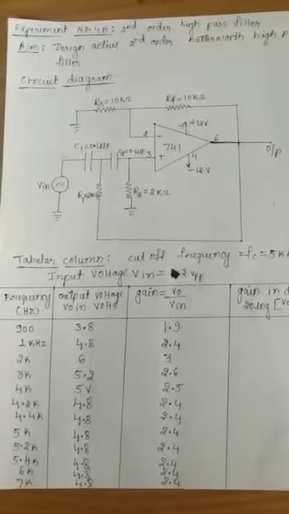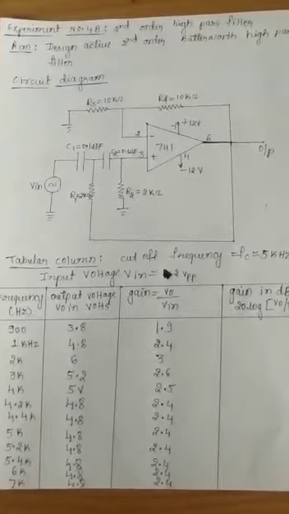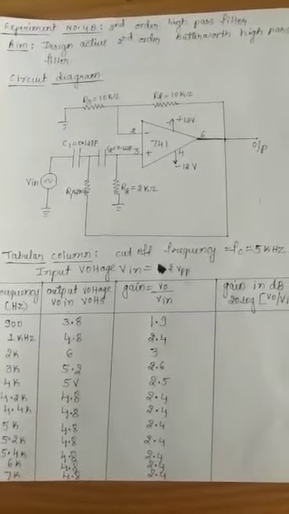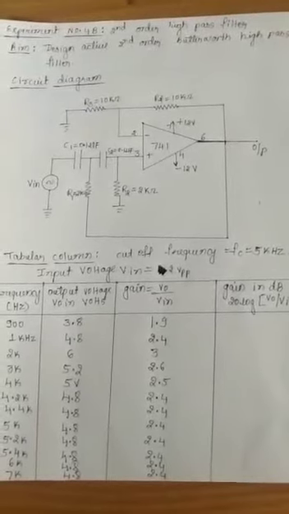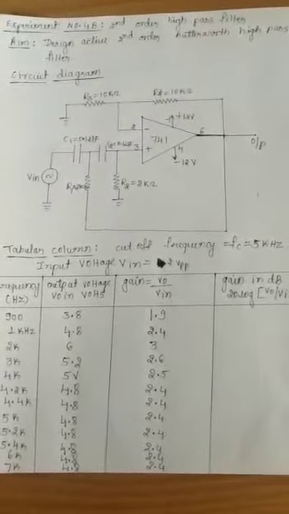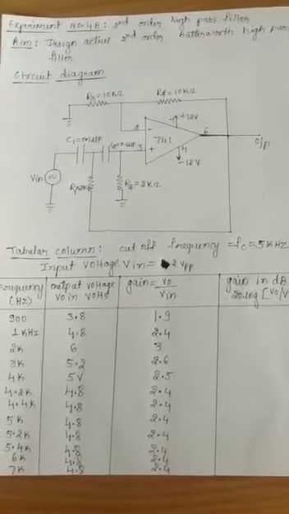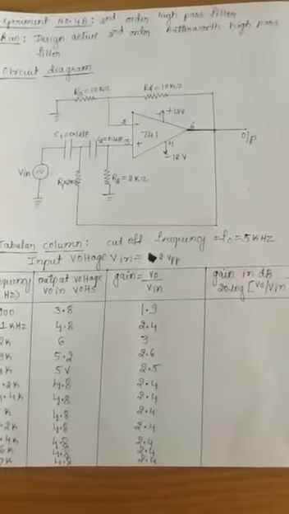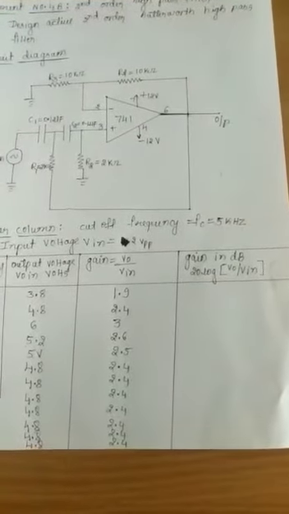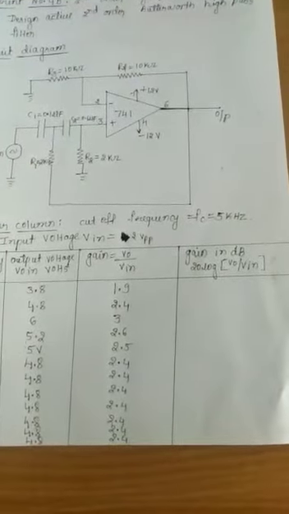Similarly, vary other frequencies and note down the output voltage. Then calculate the gain, that is output voltage by input voltage. Input is 2 volts and there are different output voltages; take the ratio and you will get the gain. Then calculate the gain in dB, that is 20 log of V0 by Vin.